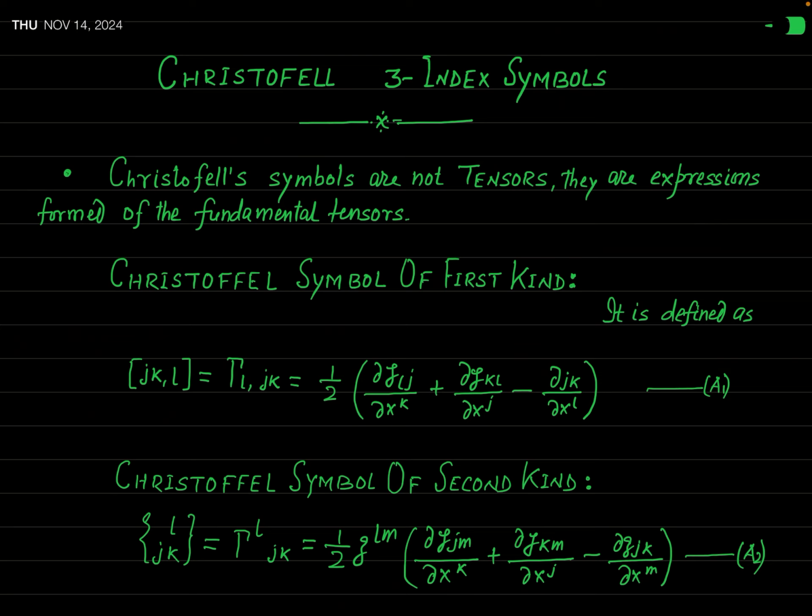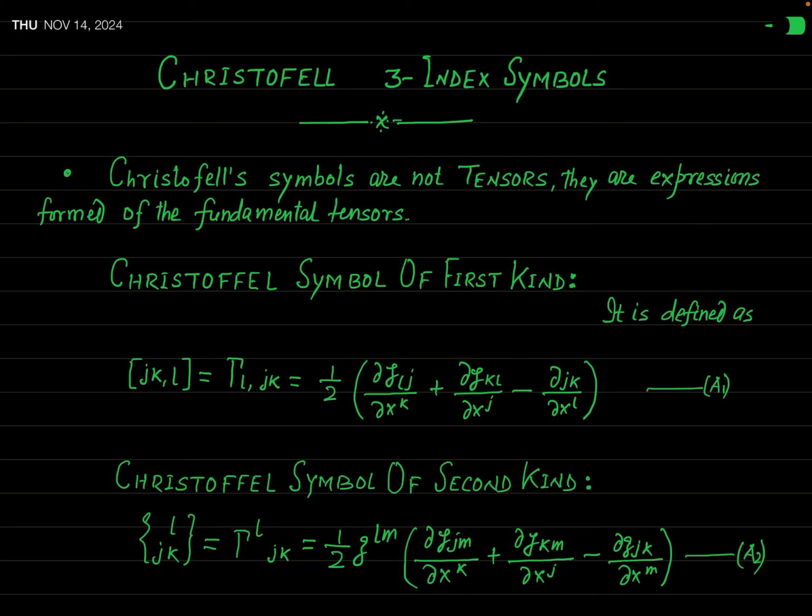So in this regard, today I am going to introduce you a very important symbol that is called Christoffel 3 index symbol. In fact, first of all, you have to know that these Christoffel symbols are not actually tensors, because you know any quantity will be a tensor only when it follows a particular law of transformation.